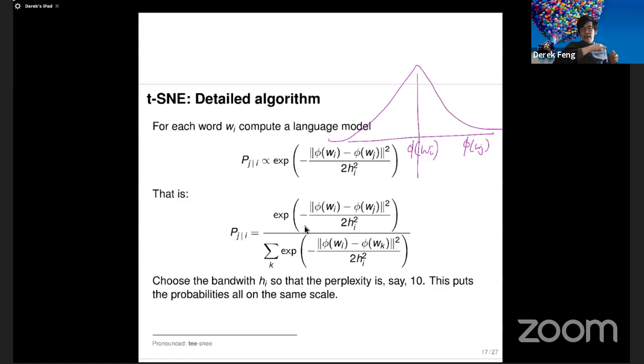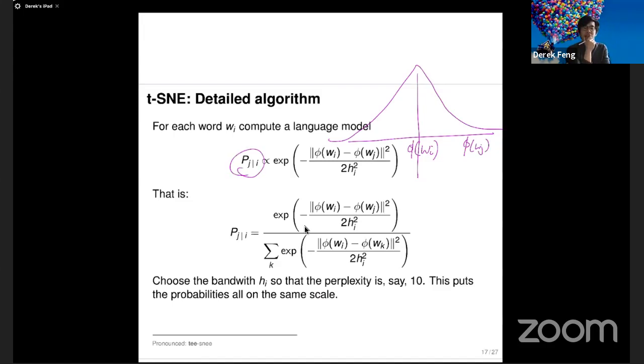The way I assign the probability is as a Gaussian. So if it's very close, I'm going to assign a higher probability. As I get further and further away, it's going to assign a lower and lower probability. Okay, so that's basically what I do.